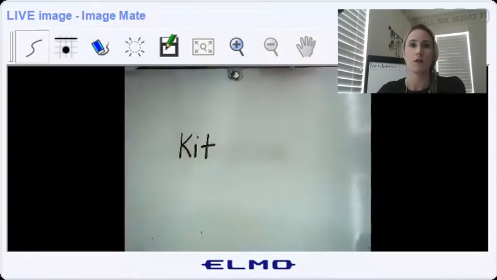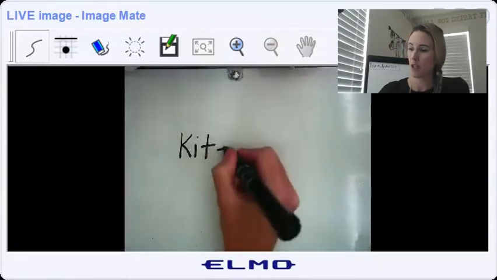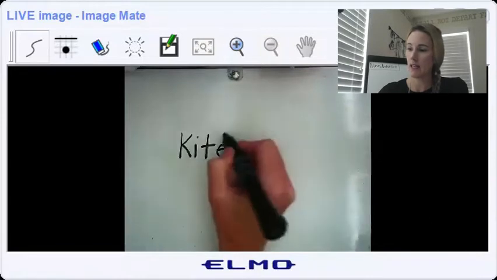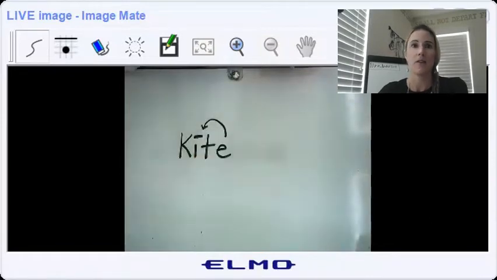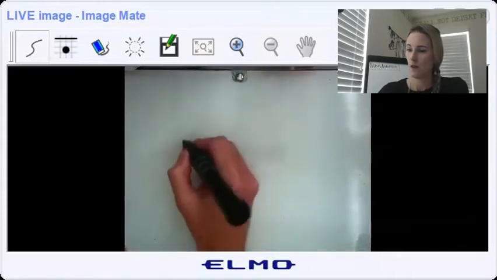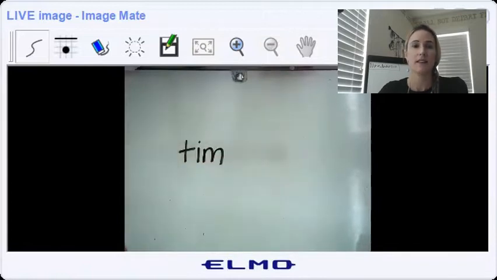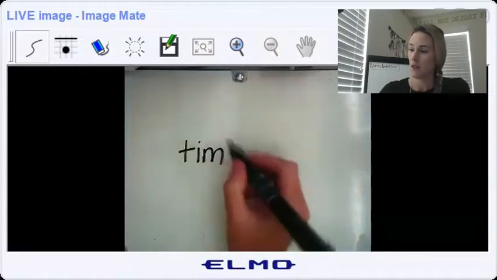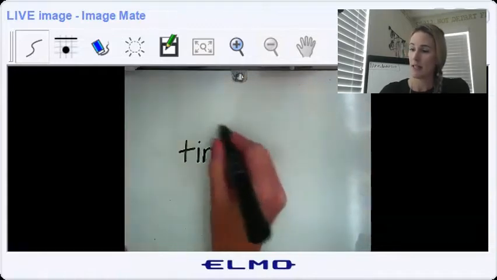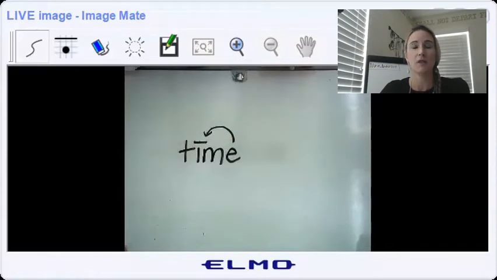This closed syllable word says kit, but the vowel sound changes with that silent E. Now I have the word kite. This is Tim, like a boy's name Tim if I capitalized it. But when I put my silent E, my vowel sound changes to time.